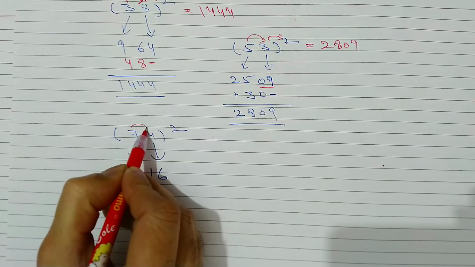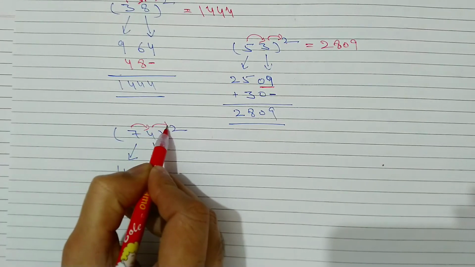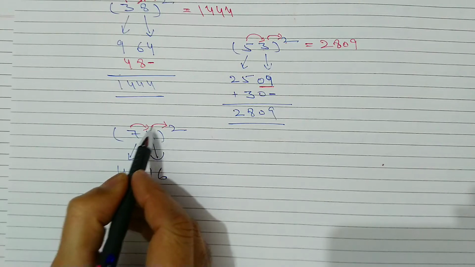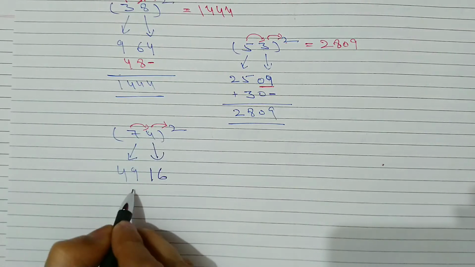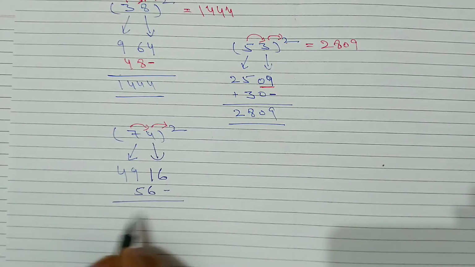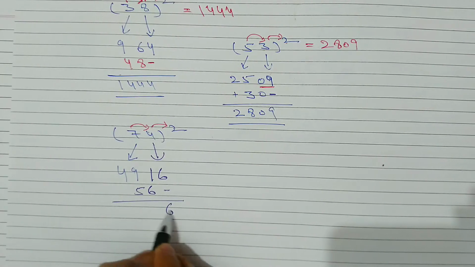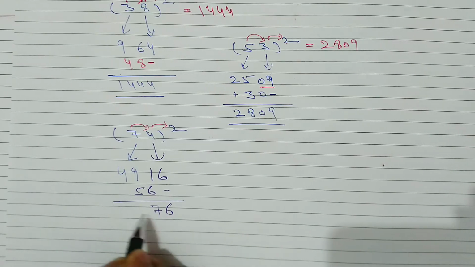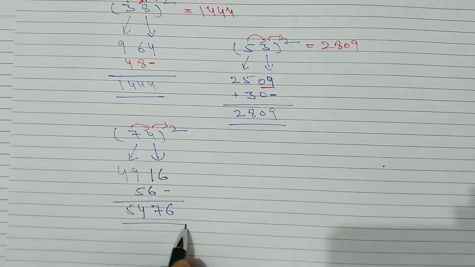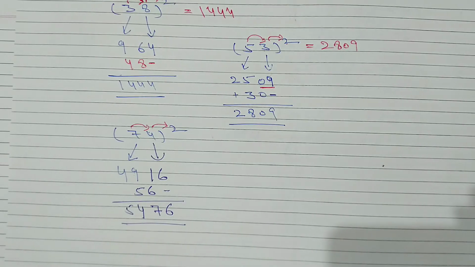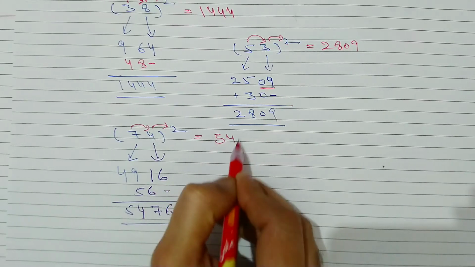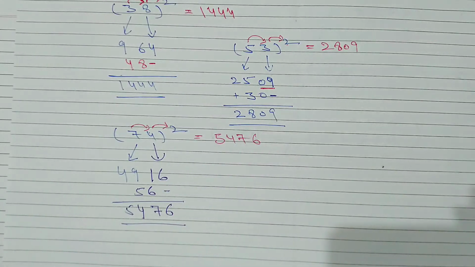Now multiply 7 into 4 into 2. 7 into 4 is 28. 28 into 2 is 56. Write 56 over here. We get 6. 6 plus 1, 7. 9 plus 5, 14. 1 plus 5, 5. 4, 7, 6. So the square of 74 is 5476.